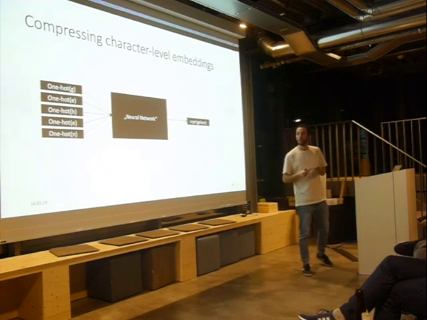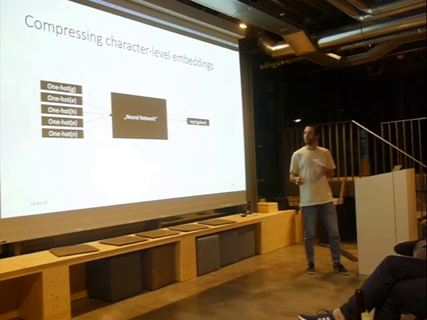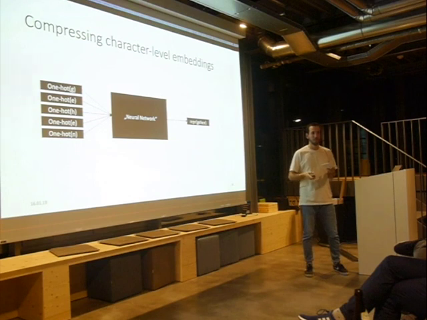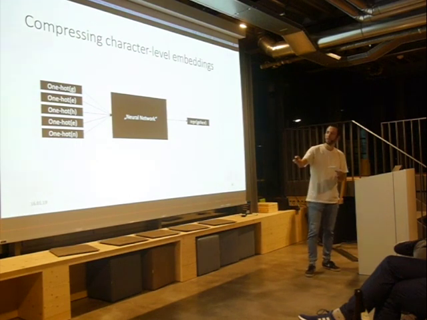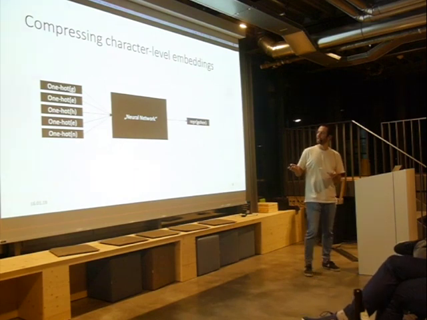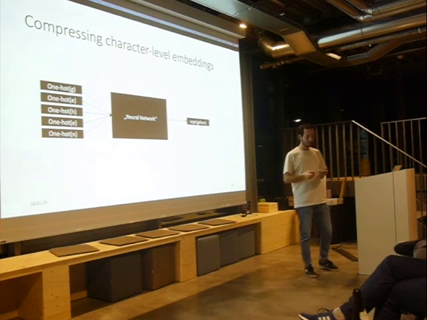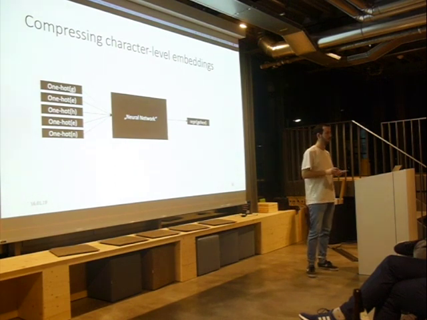But if you want to use the advantages of character embeddings, you could use a neural network or a part of a neural network to compress one-hot encodings of characters to a representation of your word, which is then processed.